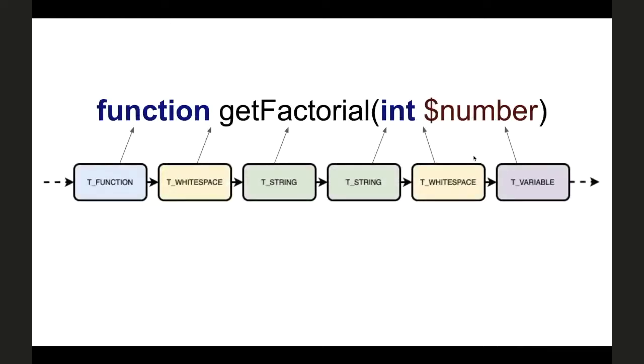And the most interesting thing is that in such a case we are working with regularity. We know that, for example, in our code, if we have a function declaration, there should be a white space. After the white space, there should be the name of the function, but in some cases there can be no name because it can be an anonymous function, and then there can be a type declaration, or there cannot be.